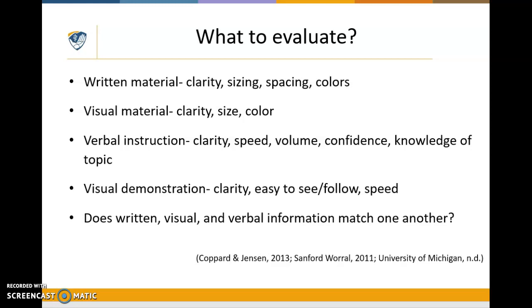When the student is providing a verbal presentation, we will assess for clarity, speed, volume, confidence, and knowledge of the topic. With a visual demonstration, we will assess for clarity, easy to follow, the speed at which they are doing their visual demonstration. And does the written, visual, and verbal information match one another?